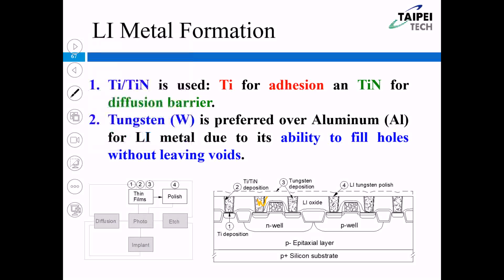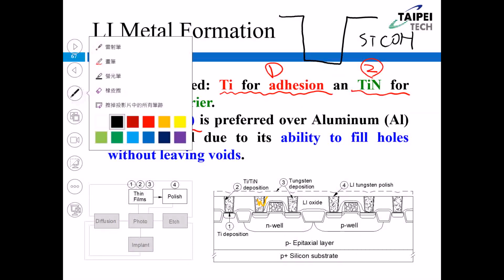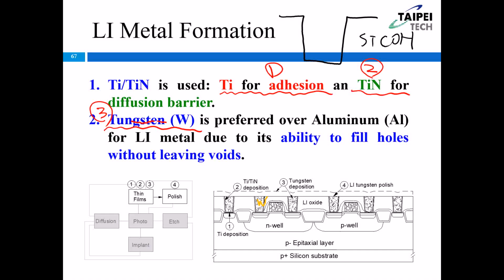But you need to remember, before doing that, you need to deposit the Ti first. Then the second one, you need to deposit the TiN. Then the final one, you can deposit the tungsten. So today I need to deposit the Ti first, a very, very thin layer.